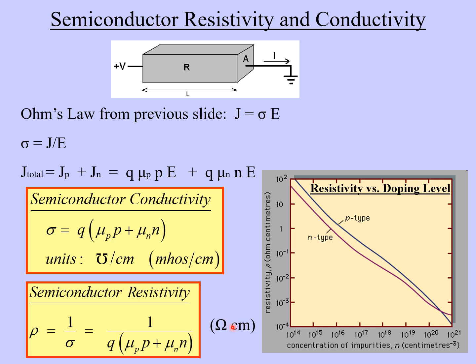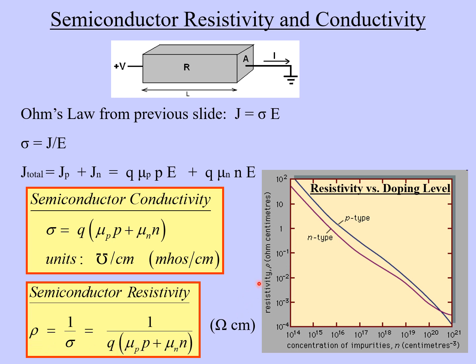Let's take a look at conductivity. The more holes or the more electrons we have, the higher the conductivity. That makes sense. There's just more charge carriers. Likewise, for resistivity, the more holes or electrons we have, that's going to lower the resistivity because it's down here in the denominator.